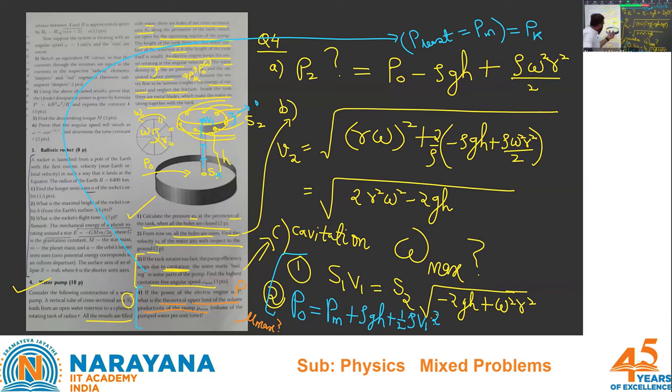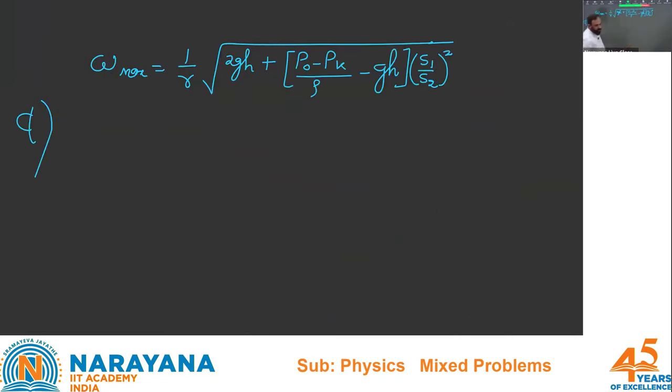At a consistent rate, I am pulling up some liquid from this height to that height. So I'm changing the potential energy at a constant rate. And there is some energy which I am throwing out of the system. I mean, the liquid being thrown away from these holes is taking away some kinetic energy per unit time. So basically, what are those two utilized forms of energy that you want to write? Just see, what is your term?